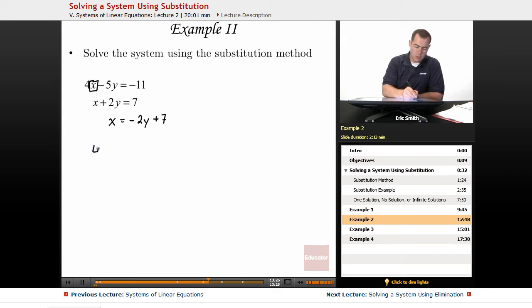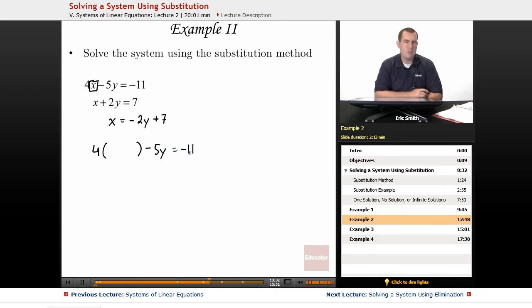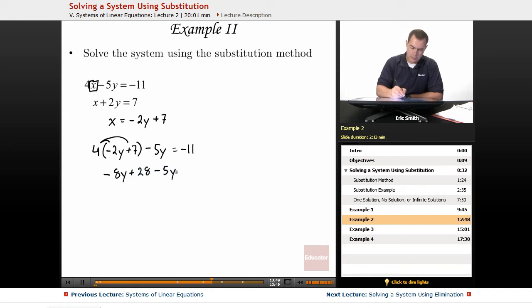This will give me 4 times x minus 5y equals -11. And I left a big open spot so I can drop what x is equal to in there. So -2y plus 7. Okay, looks good. Now I'm going to distribute through with my 4. So -8y plus 28. And I'm going to continue trying to solve for y.